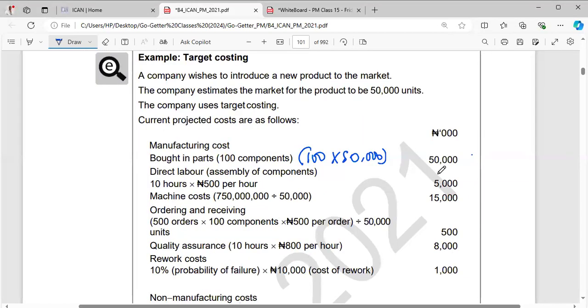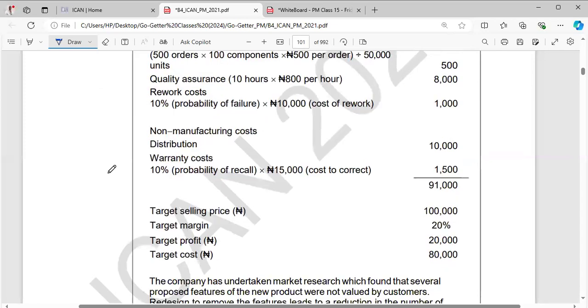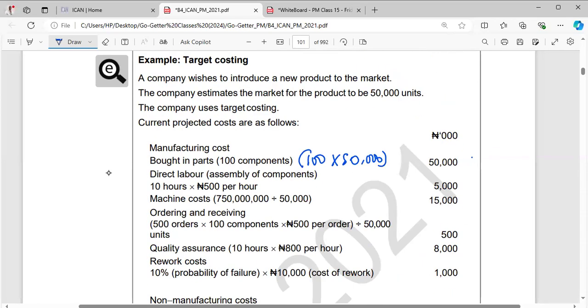Then direct labor. We are told that assembly of components, we said 10 hours is what they will use, and they are being paid 500 naira per hour. So that is 5,000. That's fine.